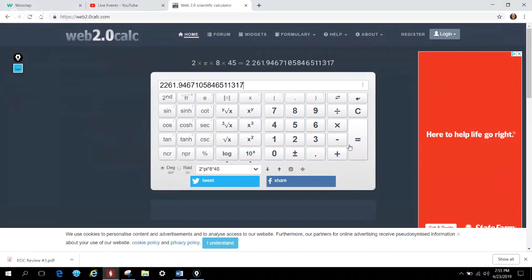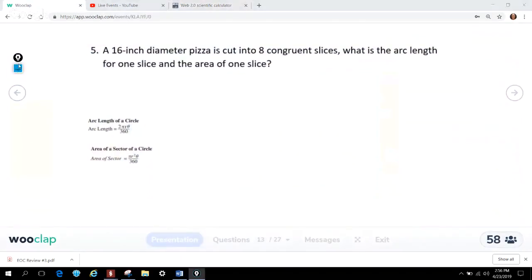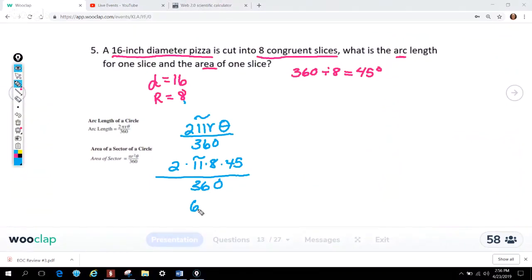Hit equals. If you don't hit equals, you might get this wrong, so don't start dividing by 360 till you've hit the equal sign. Then divide by 360, and you should get your answer, which is 6.28. It's literally typing it into the formula.